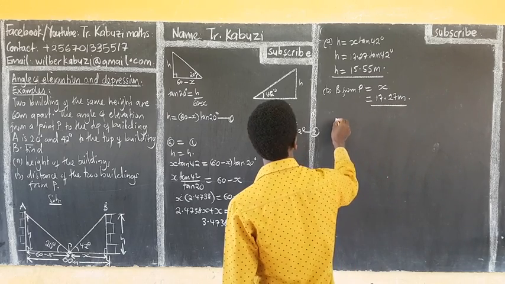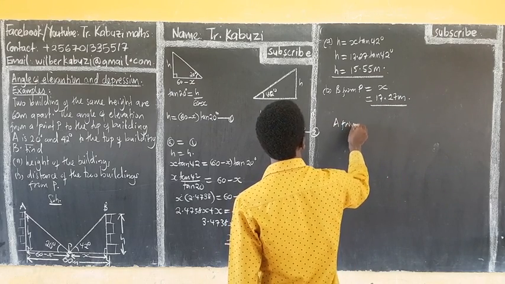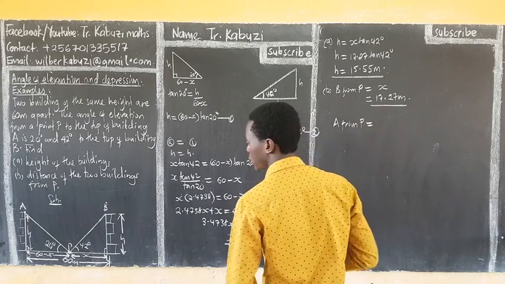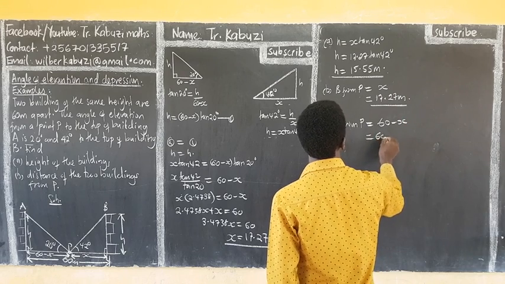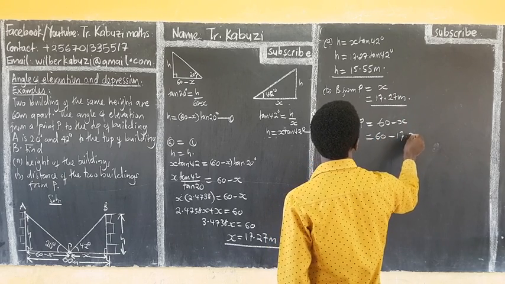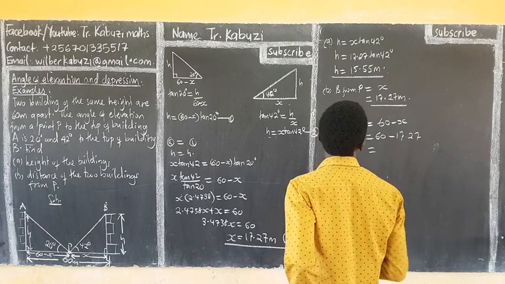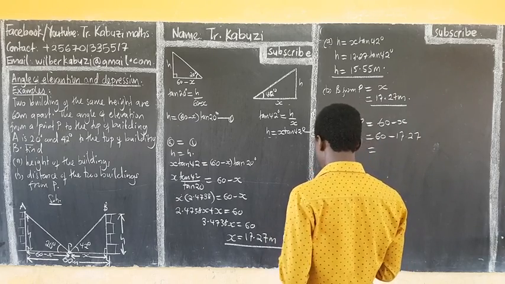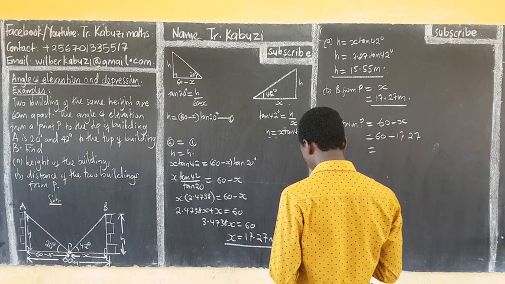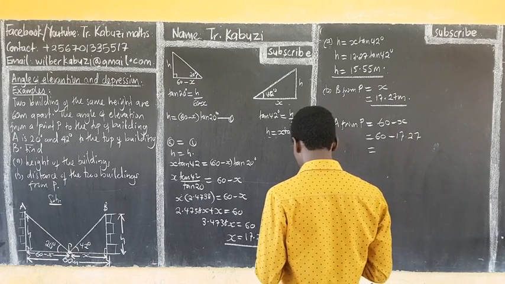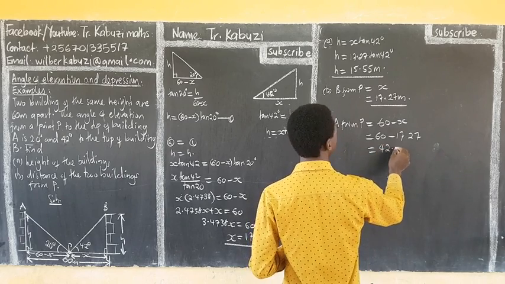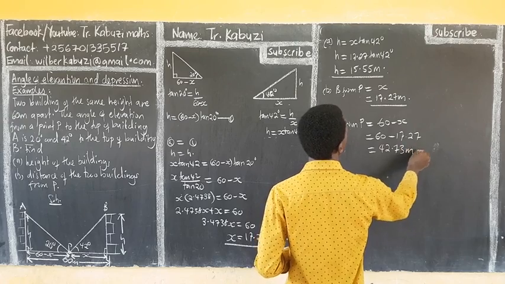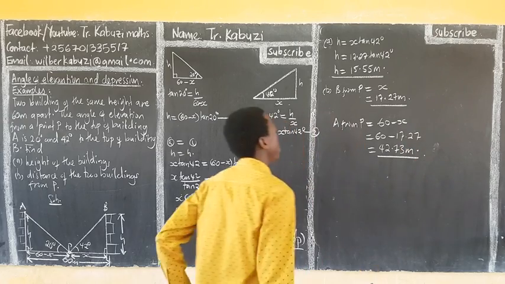The other one from P is equal to 60 minus X, which is 60 minus 17.27, which will give you the answer as 42.73 meters.